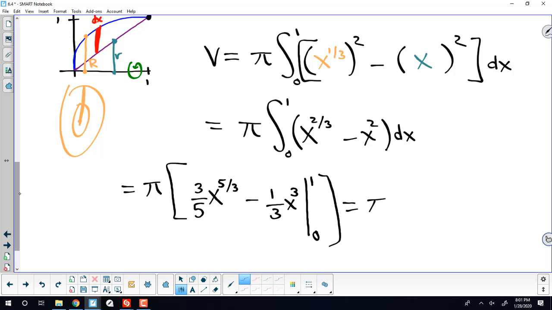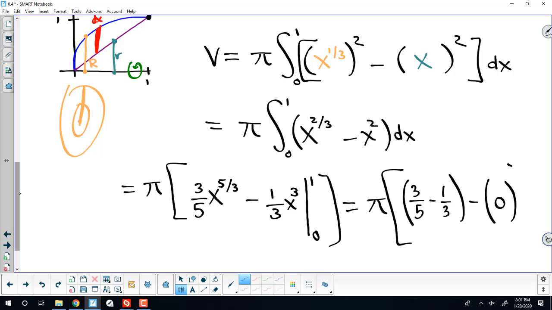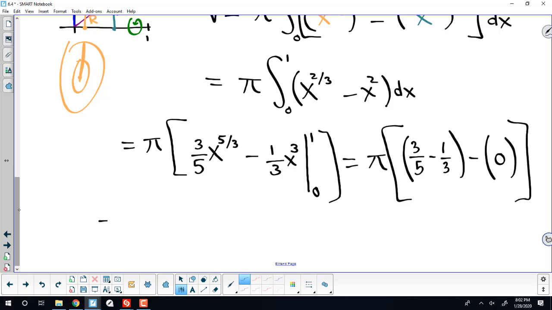And that's going to give us pi. We'll just write all this out. x is 1, minus x is 0. So we have 3/5 minus 1/3 times pi gives us the same result.